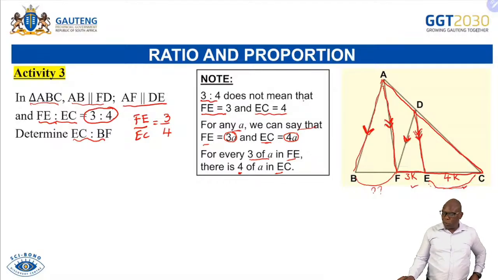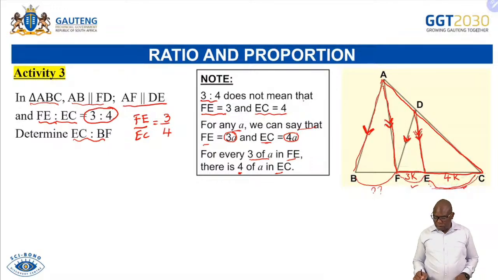So what can I do here, because I have that in the triangle? I've got FE over EC will be the same as what in the triangle that I've written, AFC. So this side over that side will be the same as AD over DC.